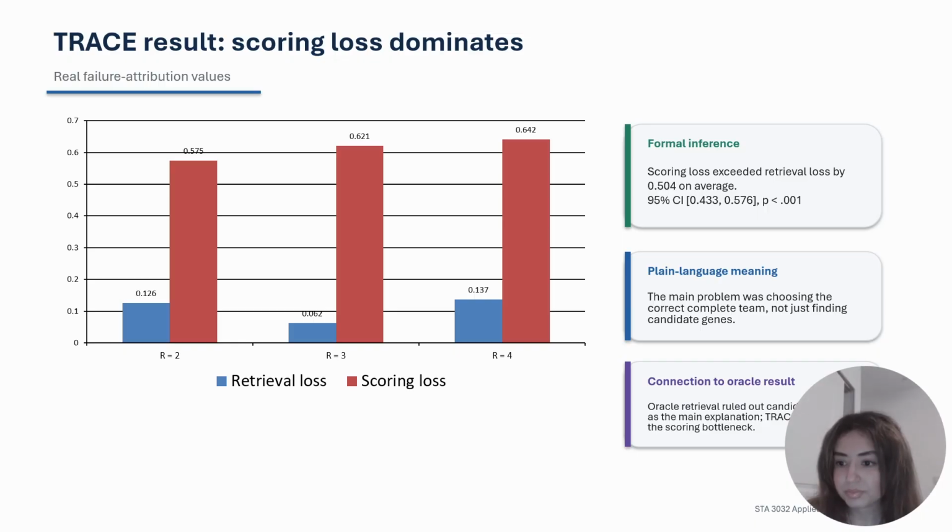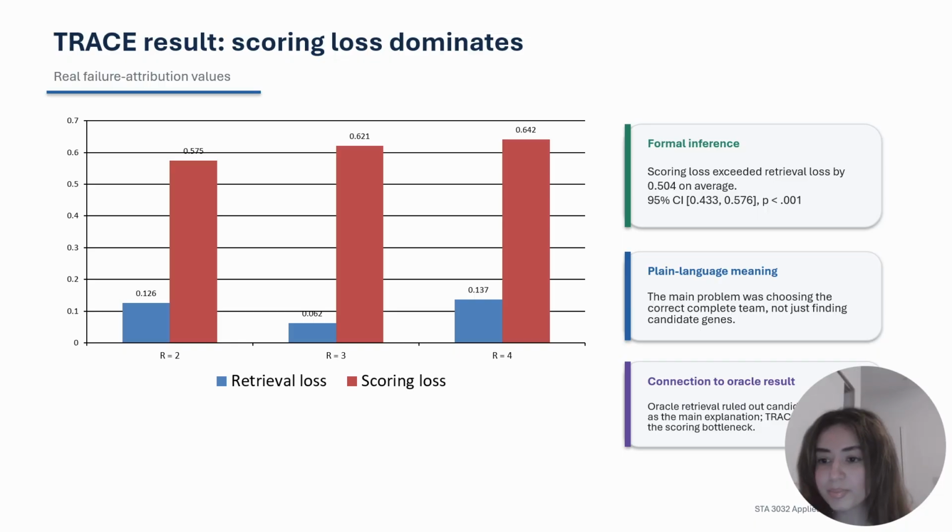The contrast was positive for all 3 R values, and the study did not find significant evidence that the degree of scoring dominance changed across regulator set sizes. So the bottleneck pattern was consistent across the evaluated sizes.